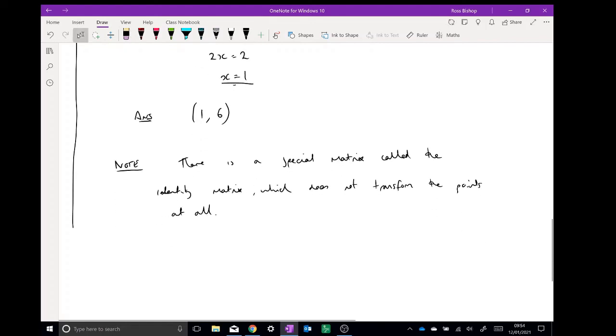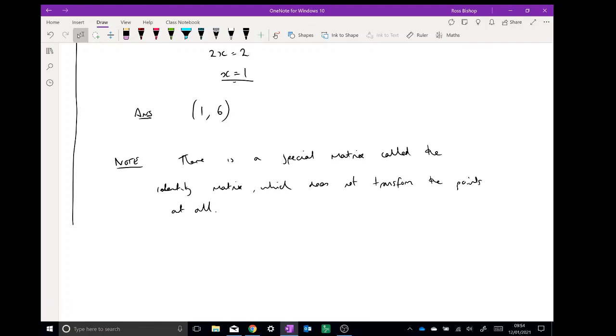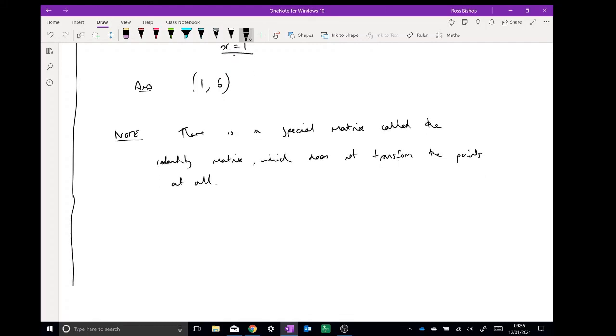If you multiplied it by a set of coordinates, it would just stay where it is. It wouldn't move it at all. You might want to pause the video and have a think about what that matrix would be. But the identity matrix is in fact (1, 0; 0, 1).